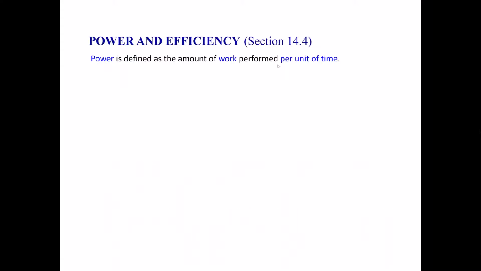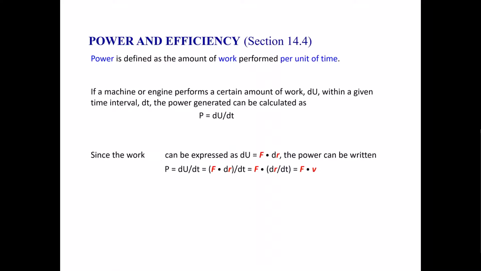Okay. So we start off with this idea of power. The first thing is power is basically just the derivative of the energy with respect to time. We had this delta U, which represented our incremental energy, which is F dot dr. If we take the derivative of it, we can find the instantaneous power, because power is energy or work per unit time.